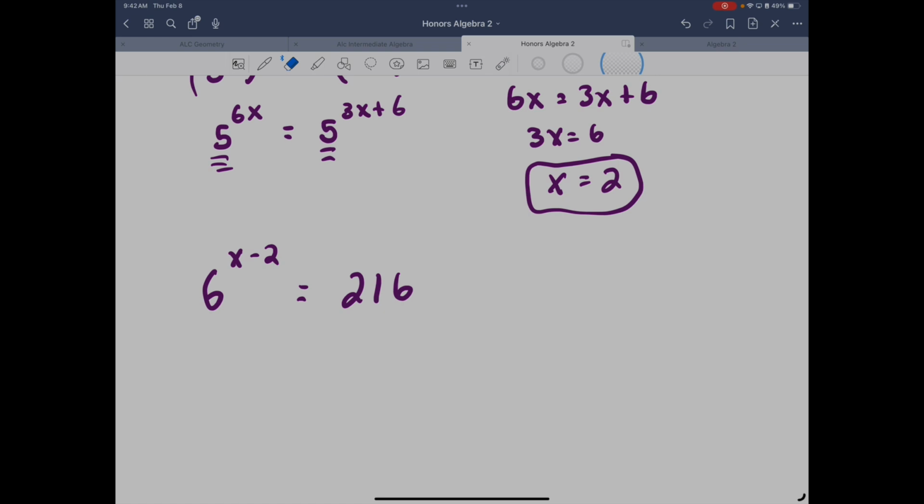So let's look at 216. 216 is 6 to the third. Okay, so I could rewrite this as 6 to the x minus 2 is equal to 6 to the third. And they have a common base.